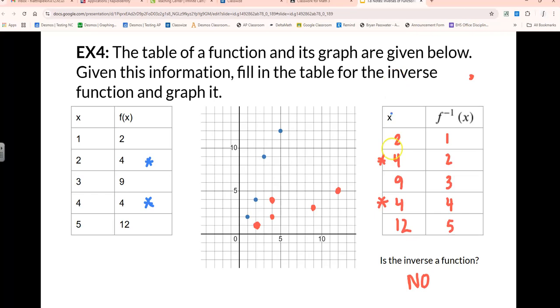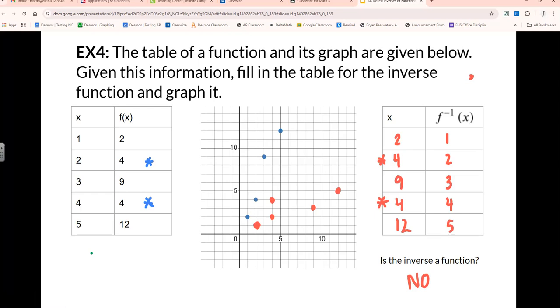In this case, let's make ourselves a note right here. If we want something to be a function and its inverse to be a function, then we cannot have repeated y values, because they will become repeated x values when we switch.